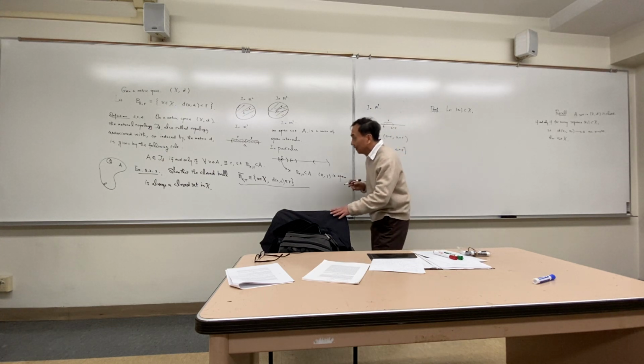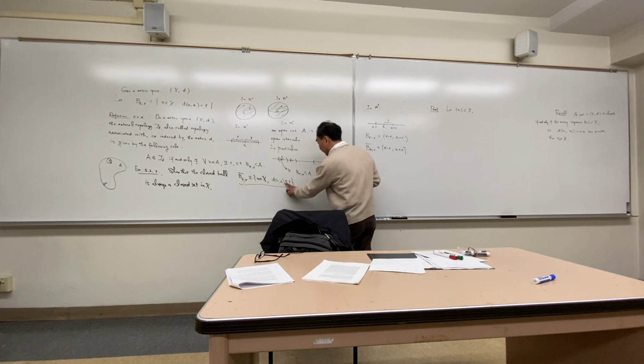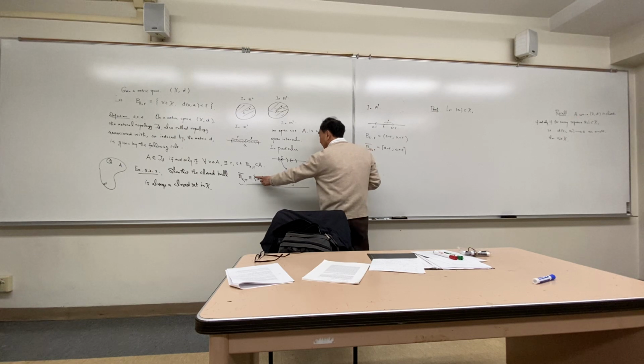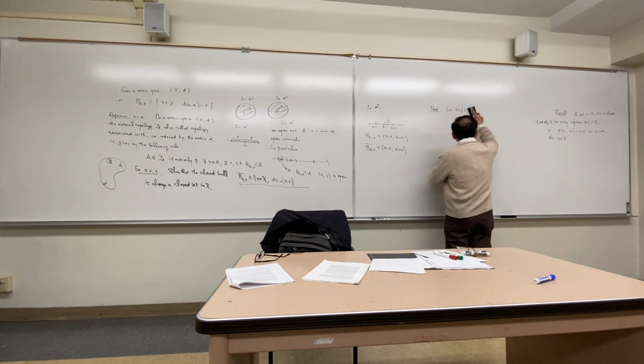We try to show that this closed ball, including the boundary, is closed. The equal sign means include the boundary, include the sphere, not just the inside.